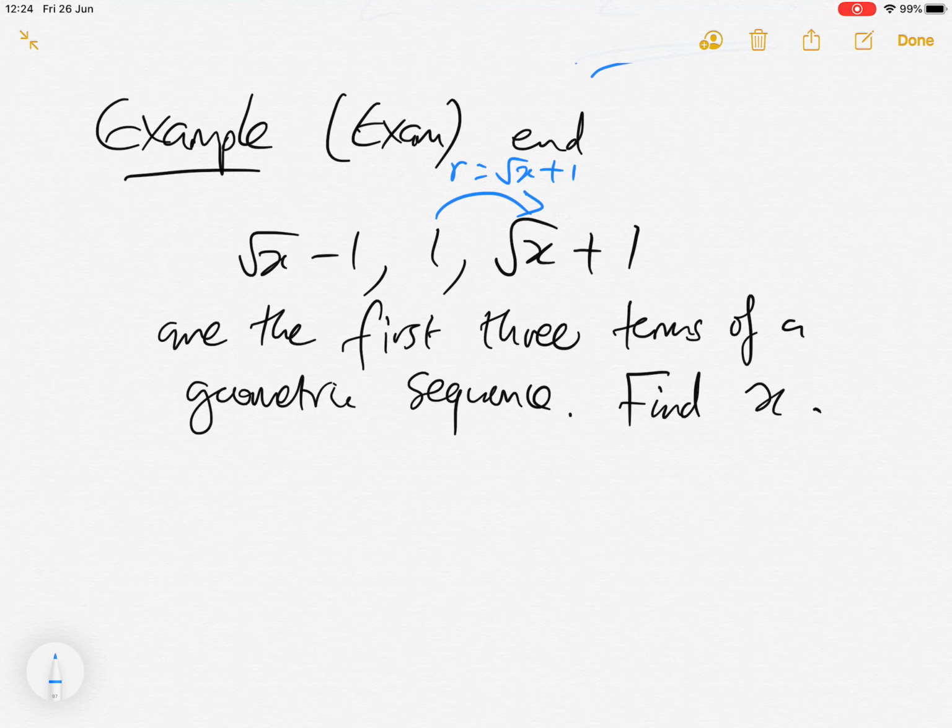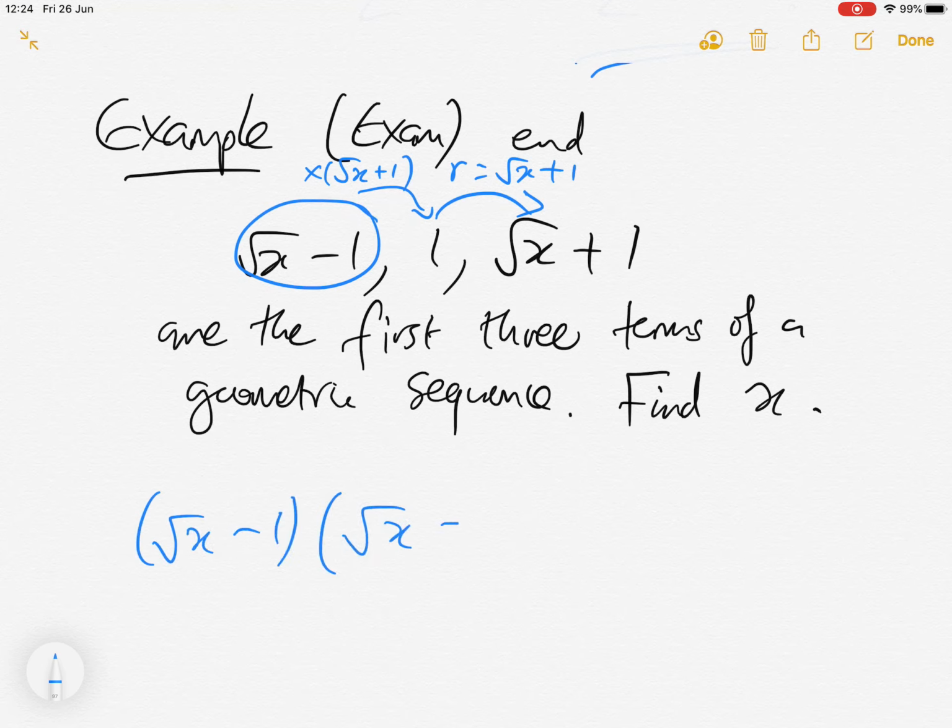But also, that tells us, doesn't it, that the thing we would have had to multiply root x minus 1 by to make 1 is also root x plus 1. So we must have that root x minus 1 times root x plus 1 is the second term, 1. This is a, this is r, so this is ar, that's the second term.